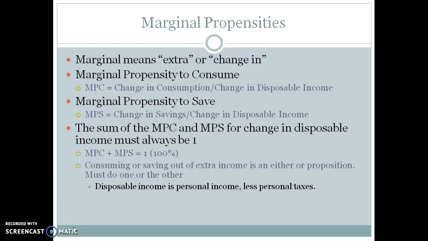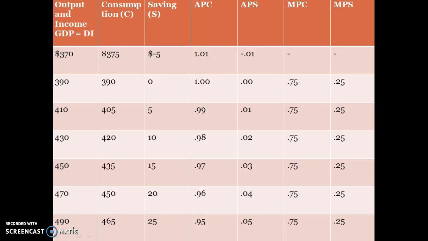There is a worksheet I'll be giving you in class that helps demonstrate these concepts, but just to show this on the slideshow, we can go through and take a look at our various columns and rows. Starting with the columns, the far left one is our output and income, and GDP is basically equal to our disposable income in this economy.